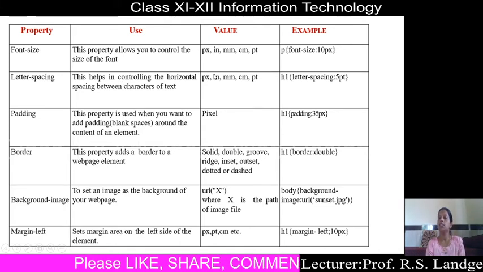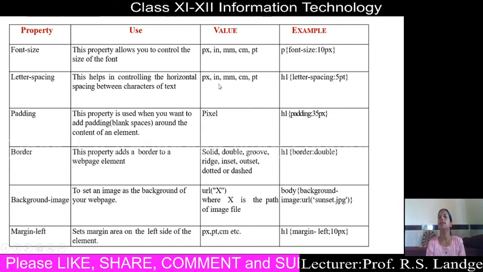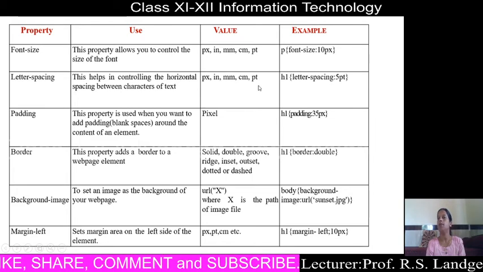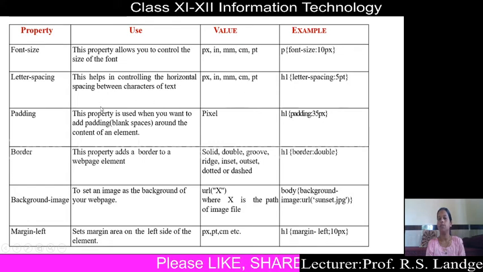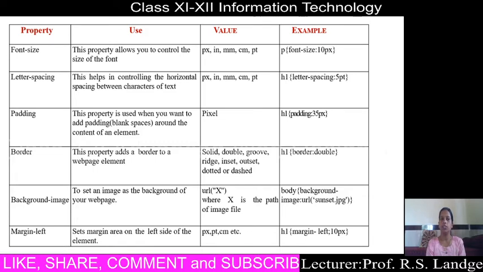Its value is also in pixel, IN, mm, cm or pt. For example, H1 curly bracket letter-spacing colon 5pt means it will create 5 point space between each letter included in the heading tag inside the body section.